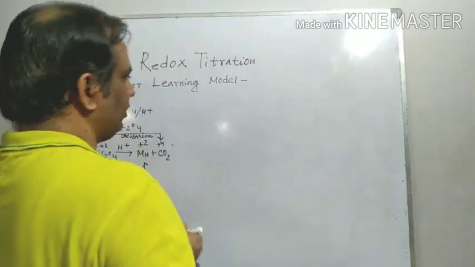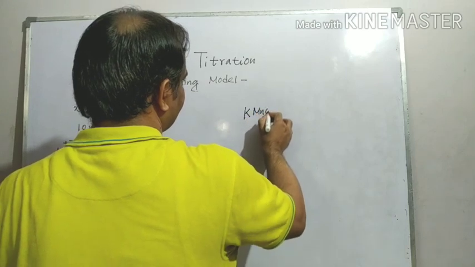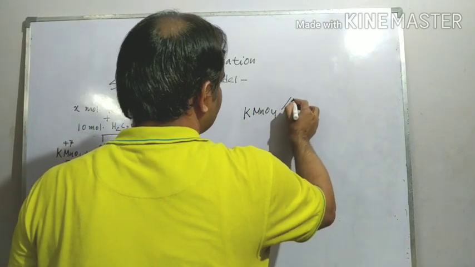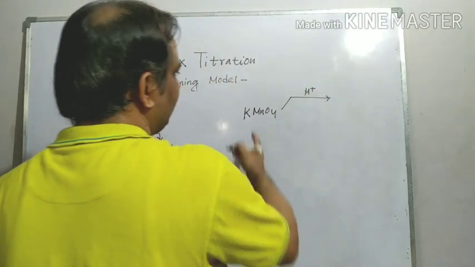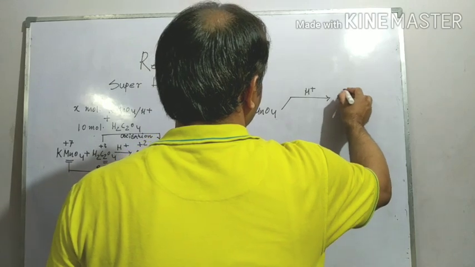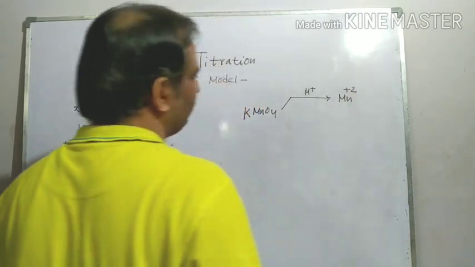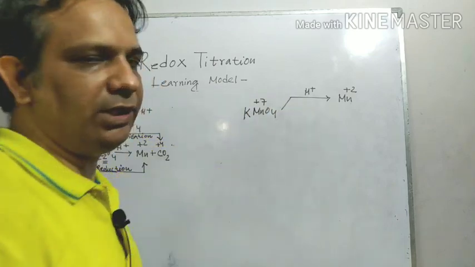If you consider the change in oxidation state of manganese in acidic medium, in case of KMnO4, manganese will go from +7 to +2 in acidic medium.